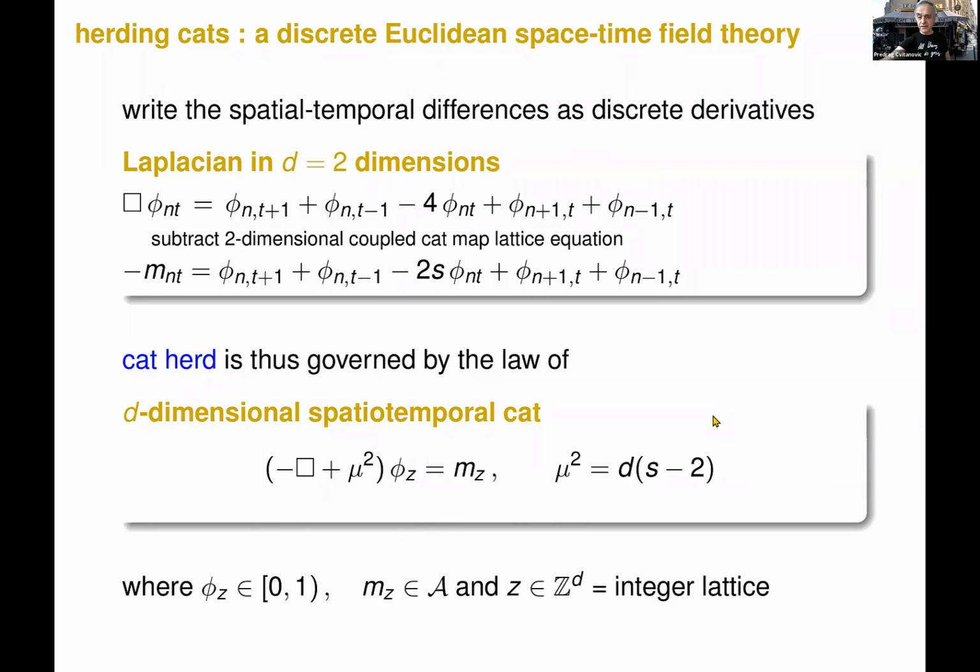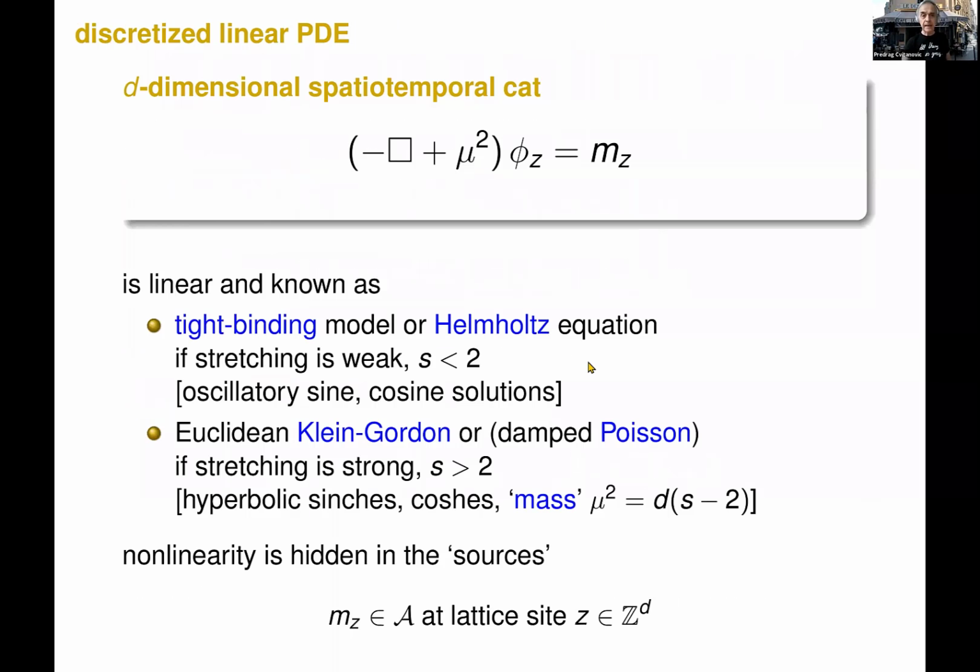If s is larger than 2, this is a positive number. If s is smaller than 2, it means that the mass is imaginary. And the law of the d-dimensional spacetime cat is, if you wish, momentum squared plus mu squared equals phi sources.